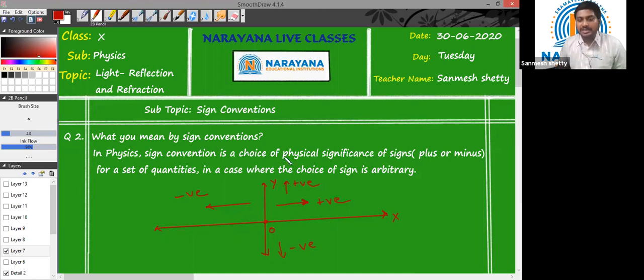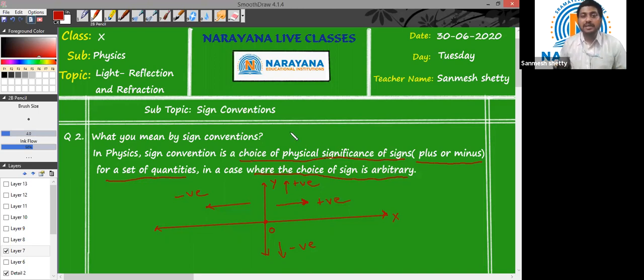So sign conventions are nothing but the choice of physical significance of the signs, either plus or minus, for a set of quantities in cases where the choice of sign convention is arbitrary. So where the choice is arbitrary, we can choose a certain coordinate frame in which we can choose suitable sign conventions for our physical quantity.